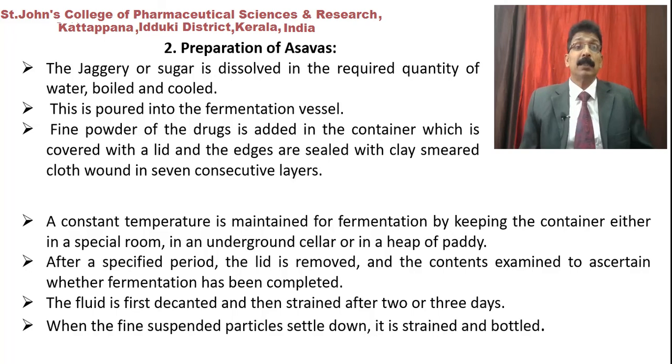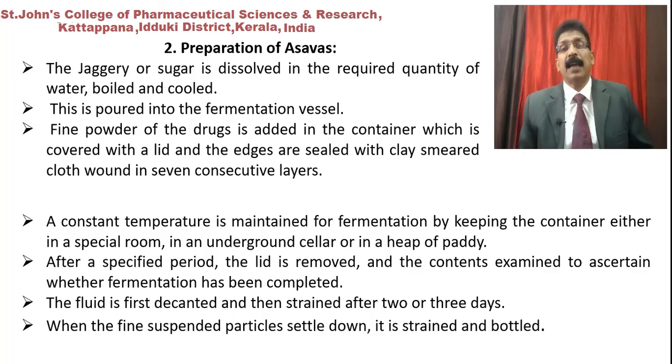This is poured into a fermentation vessel. Fine powder of the drug is added in the container, which is covered with the lid, and the edges are sealed with clay-smeared cloth wound in 7 consecutive layers, as we did in Abhyrista.